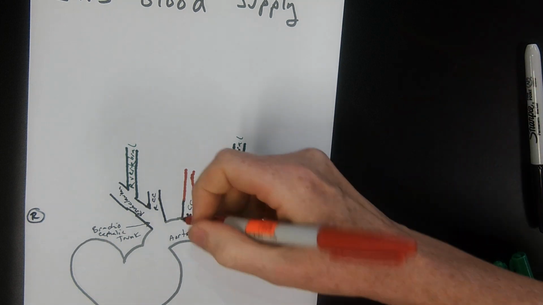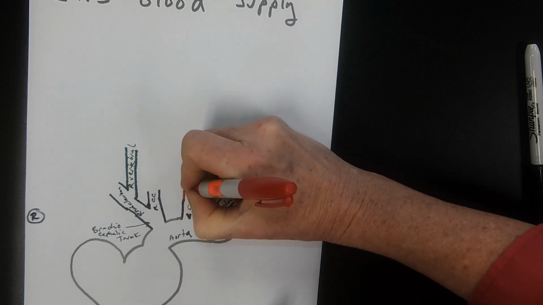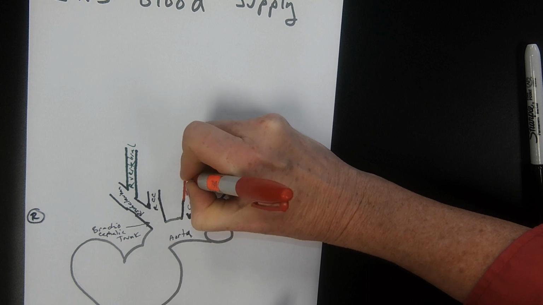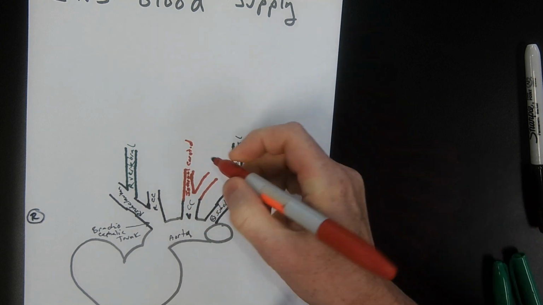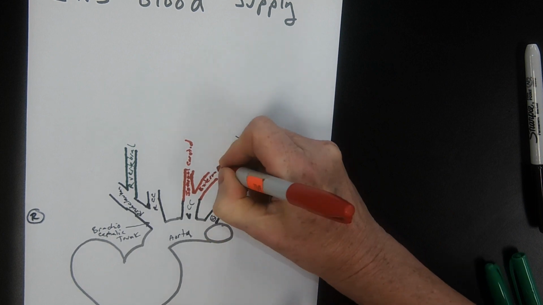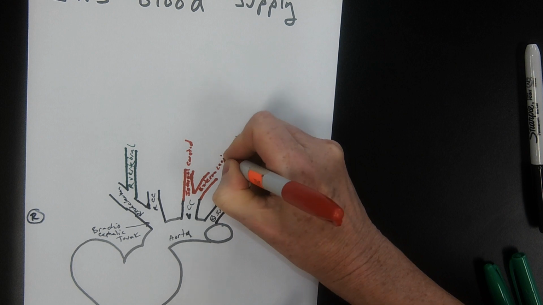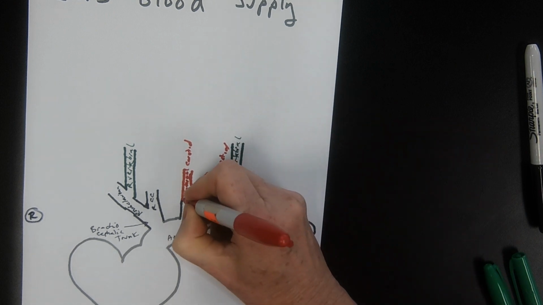Okay, so this is your internal carotid, and then this is your external carotid. Okay, and again, these are left internal and left external.